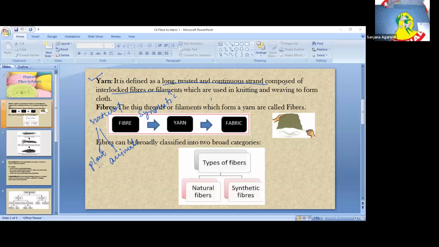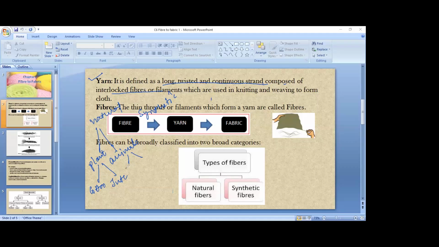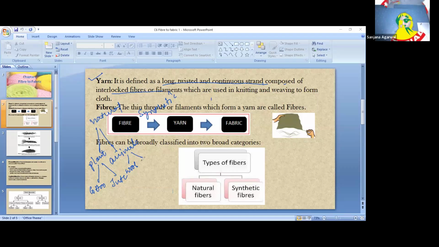Trilokya, give two examples of plant fiber. Ma'am, cotton and jute. Great. Neha, animal fiber, two examples. Ma'am, wool. And the one which is very famous in South India. Ma'am, silk.